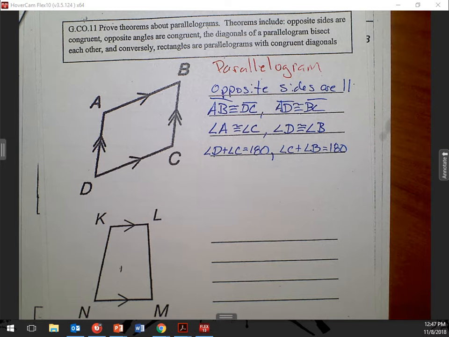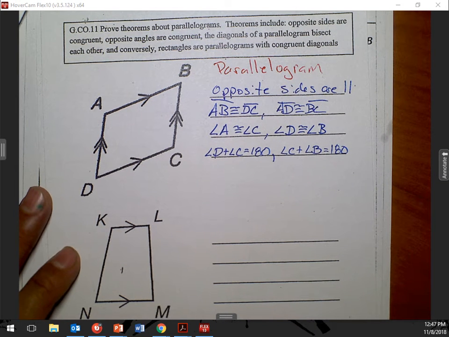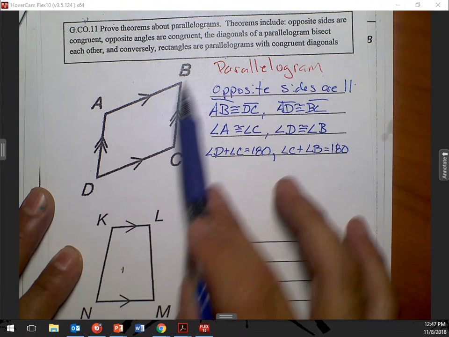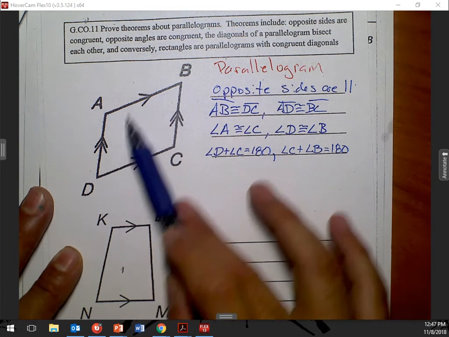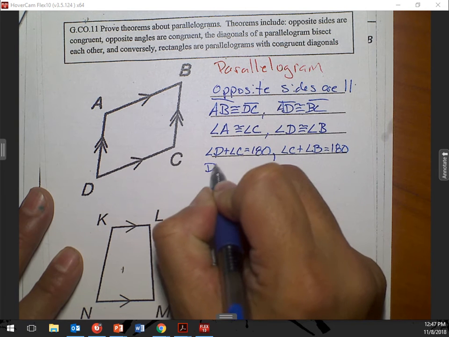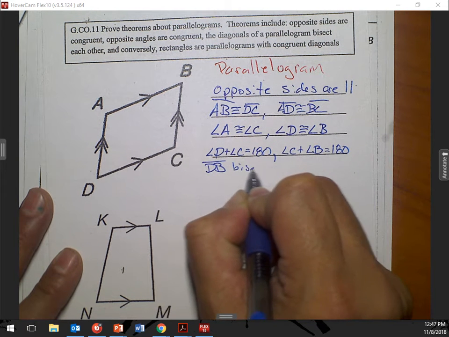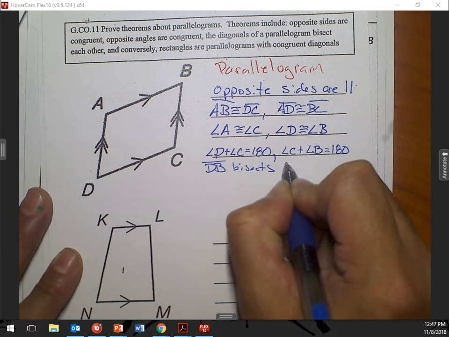Okay, so now what's that last thing? Diagonals bisect each other. So how would I say that? What's a diagonal here? AC and DB bisect each other. So the diagonal would cut all the way across. So I'd say DB bisects AC.